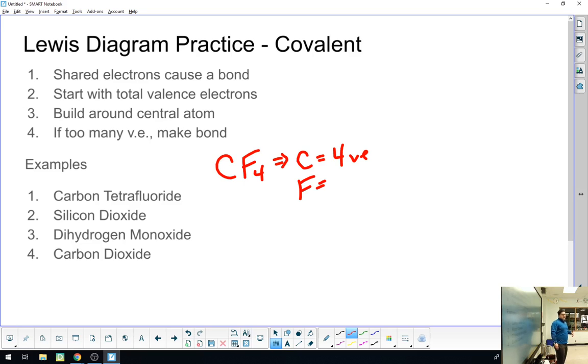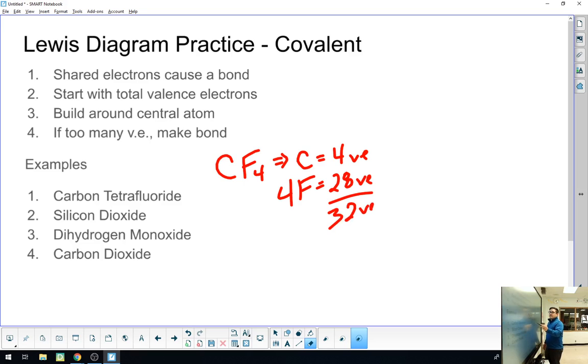It should have a 7 at the top. Oh, yeah, 7. We have 7 valence electrons, but we have 4 of them, so we're not going to count just 7. We're going to do 4 times 7, so it's going to be 28 valence electrons. You get there? 4 times 7, 28. So how many do I have in total? 32 valence electrons.